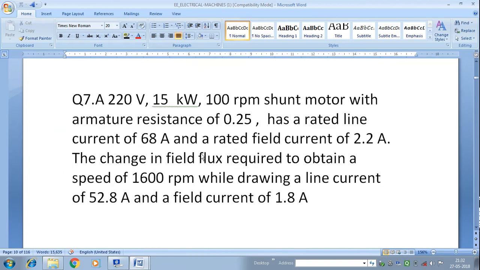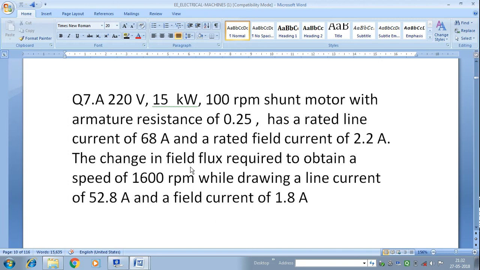Next question: a 220 volt, 15 kilowatt, 100 rpm shunt motor with armature resistance 0.25 has a rated line current of 68 ampere and a rated field current of 2.2 ampere.